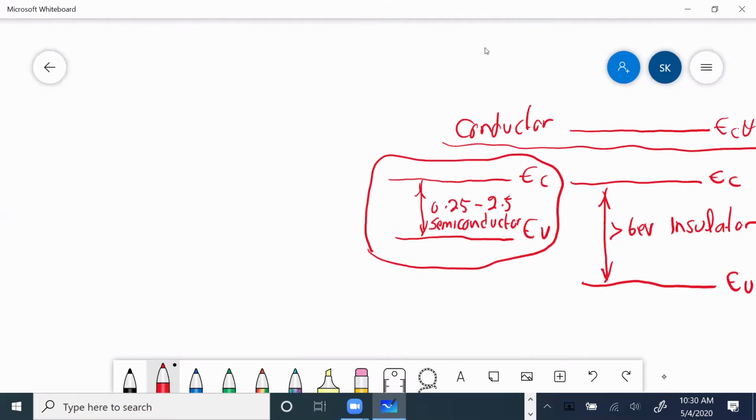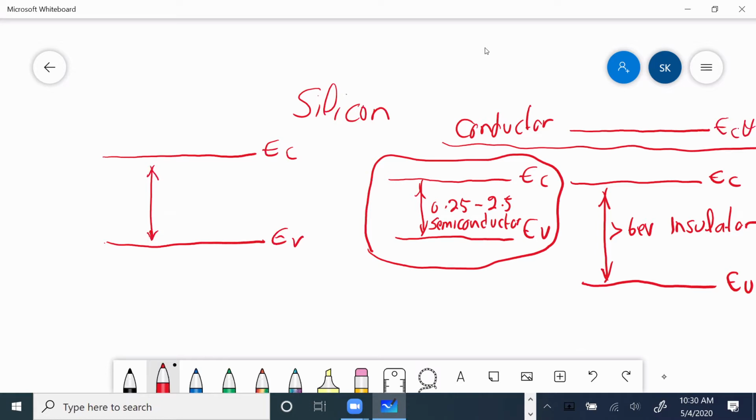And among semiconductors, quite a number of materials are semiconductors, but in this semester we're only interested in this particular semiconductor called silicon, where the gap between EC and EV is 1.1 electron volt. See, this is what we began by describing.